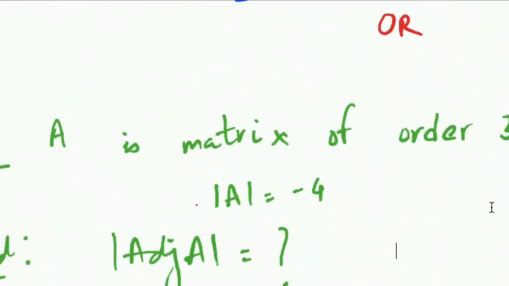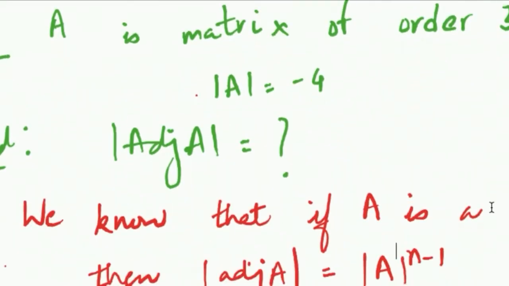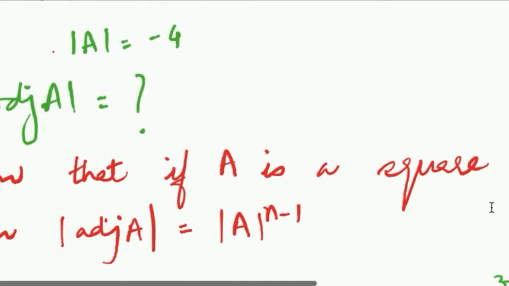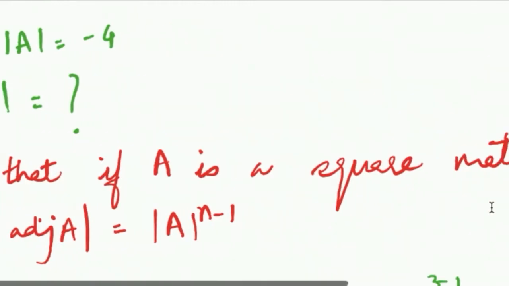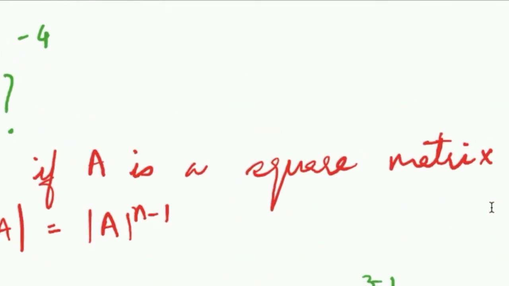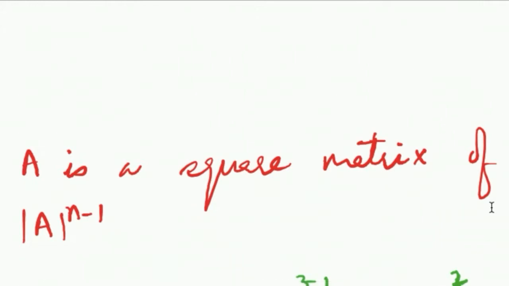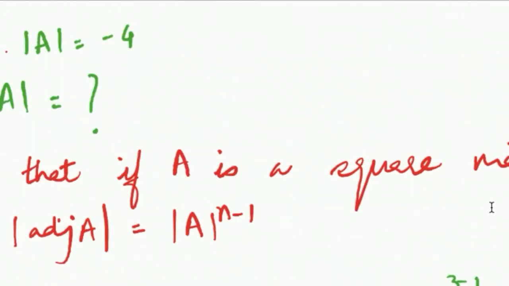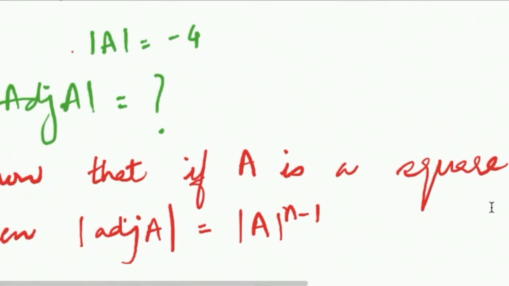If A is a square matrix of order n, then the determinant of adjoint A is given by determinant A to the power n minus 1, one less than the order.